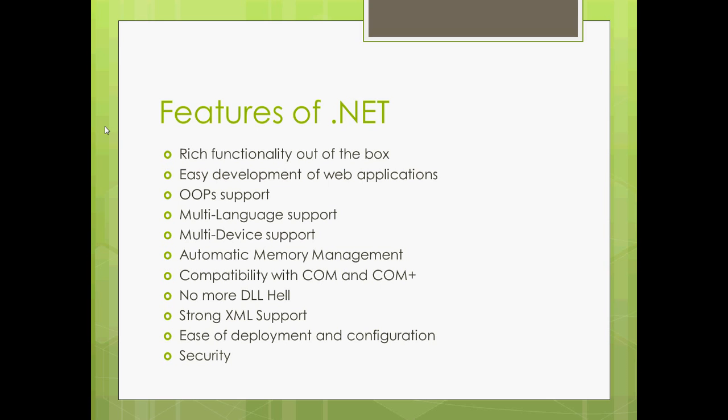Like I said before, the base class library provides a huge set of readily available functionalities. So the main advantage of this is the developer doesn't need to go into low level details of many operations, such as file IO, network communication, and so on. He can directly use the functionality.